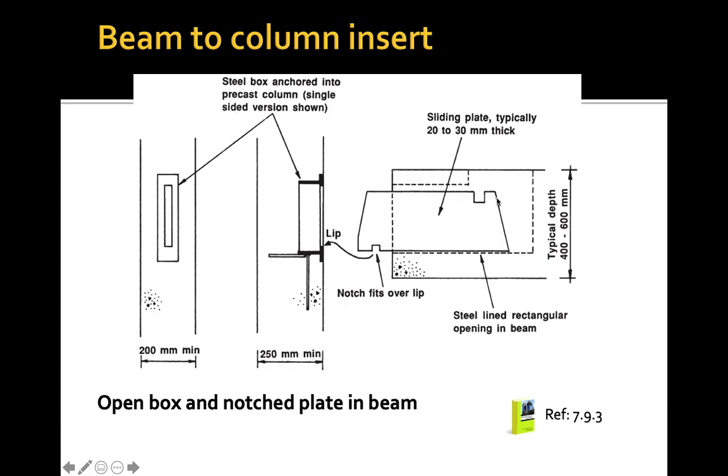Whereas we have this part, and we also have the sliding plate that is embedded inside our concrete, and we have the steel box anchored into the precast column, where we are going to attach this notch from the beam. So this will be attached to this column. So this notch will be the lock between the beam and also the column.